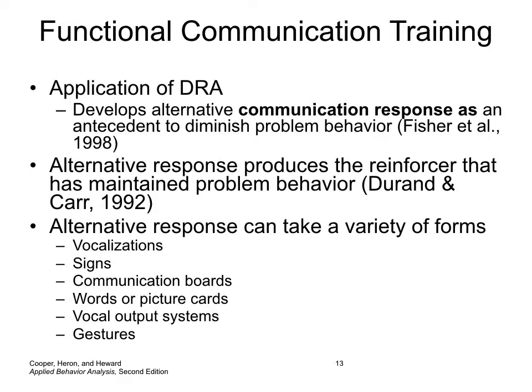FCT is an application of differential reinforcement of alternative behavior, DRA, because the intervention develops an alternative communicative response as an antecedent to diminish the problem behavior. Now, let's watch a short video clip that demonstrates the use of FCT.